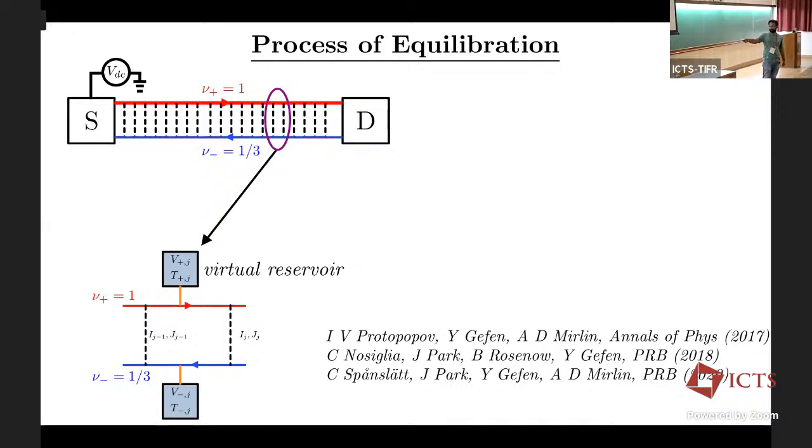Similarly here, they are two independent ones. I'm going to change my V and T until the current on this weak tunneling bridge goes to zero. And when it goes to zero, then I'm going to say that this reservoir is in equilibration with this local location. So that is the definition of a local chemical potential and local temperature. Right? That's the definition I'm going to use.